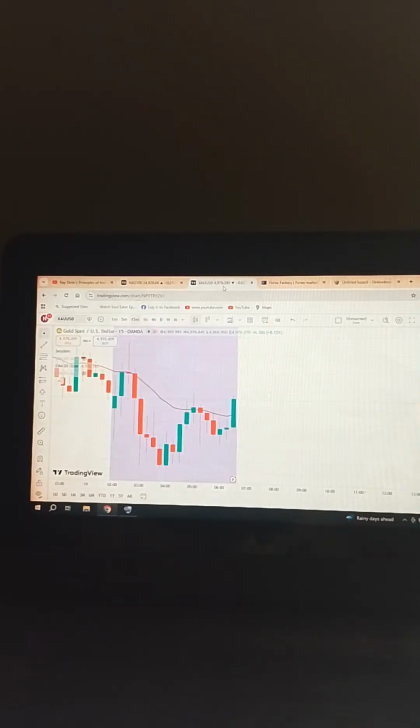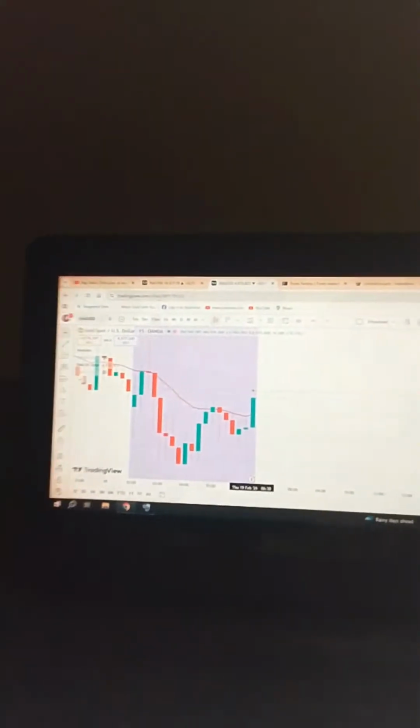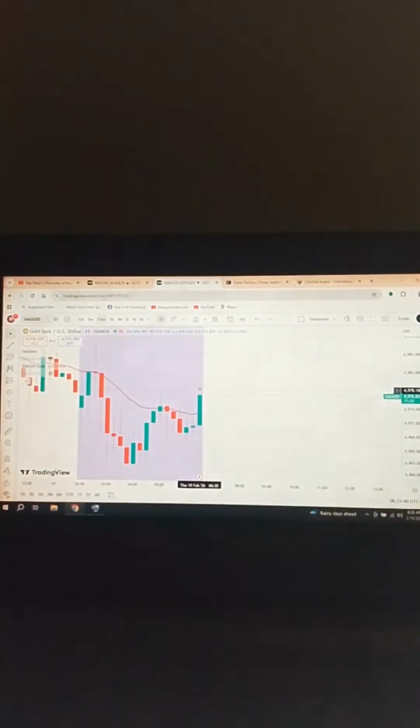It's an uptrend. The reason we are entering this gold is because the market has broken above the 13 EMA. So let's wait for this market to close, then we can enter together.